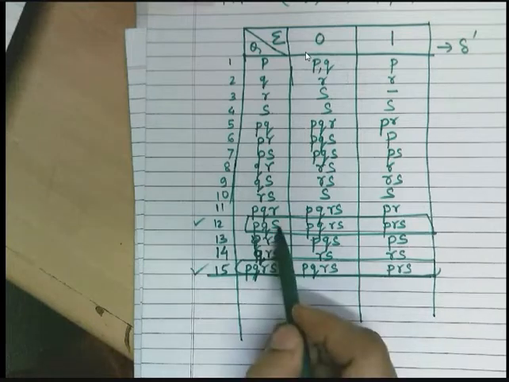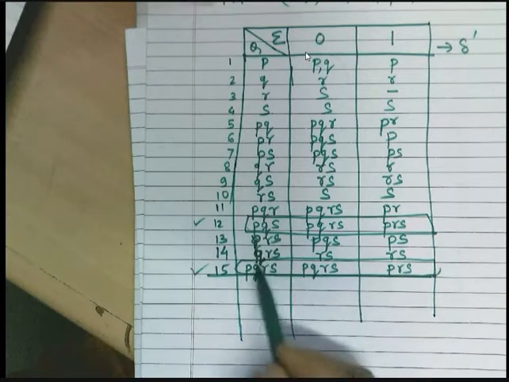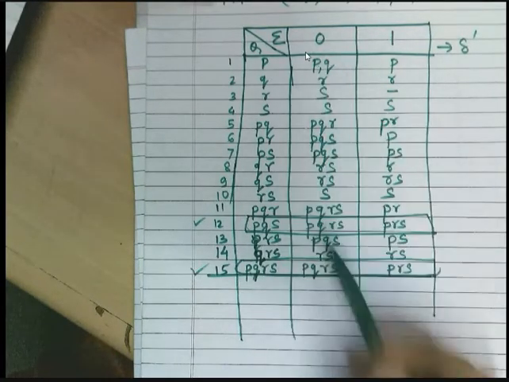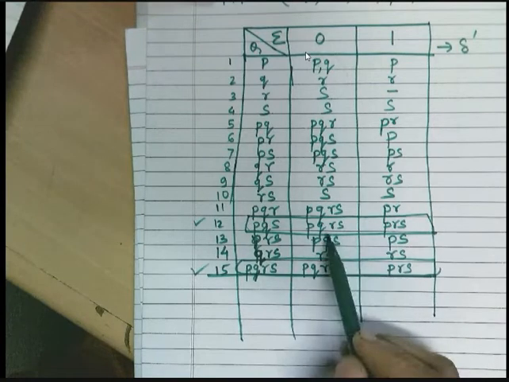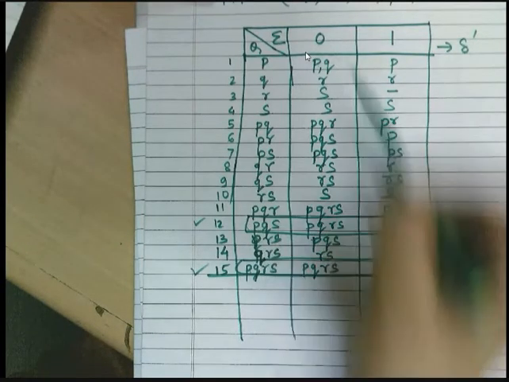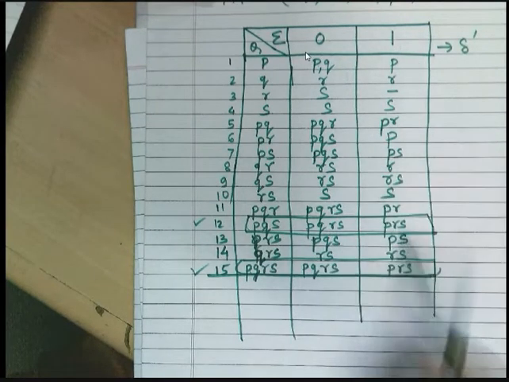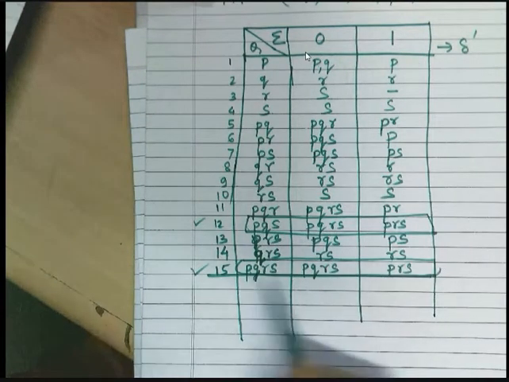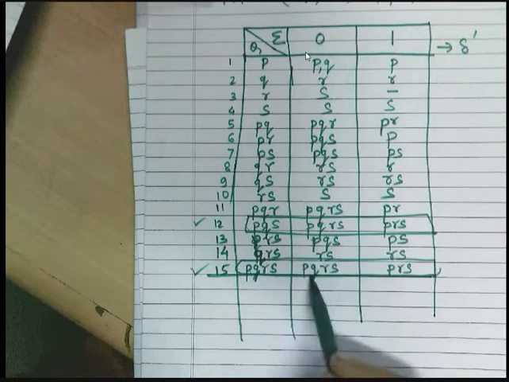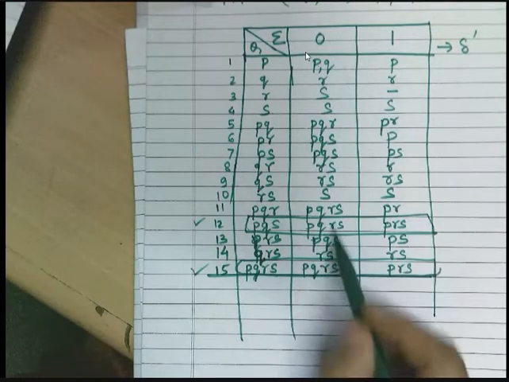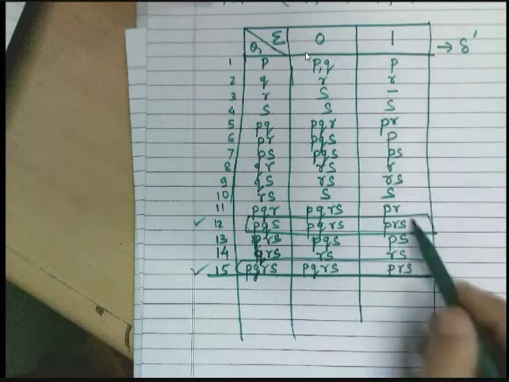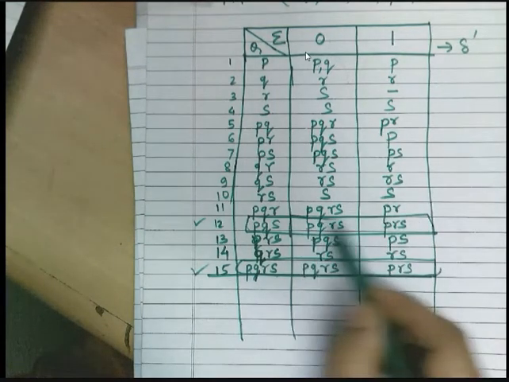For states PQS and PQRS, we are having the same entry. That means the same next states. PQS on 0 goes to PQRS and PQS on 1 goes to PRS state, right? Similarly, PQRS state on 0 goes to the same PQRS, and on 1 it is necessary that this whole combination must be there.